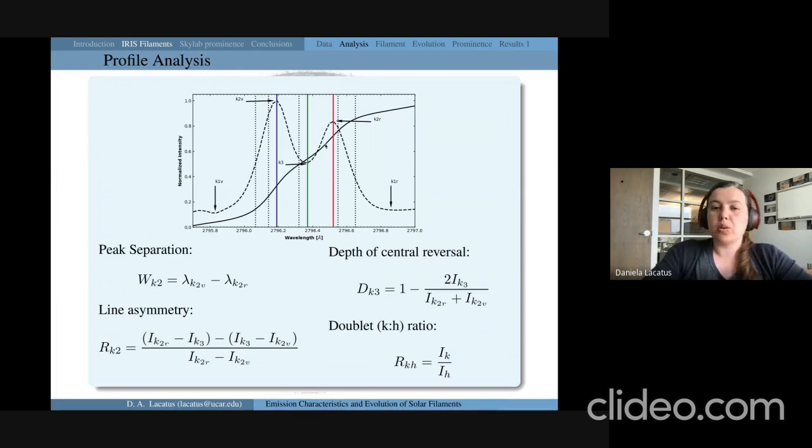We can then look at which of the emission peaks dominates the emission, which will give us an indication of the line asymmetry, and then we can investigate how deep the absorption feature is relative to the surrounding emission peaks, which will give us the depth of the center reversal.